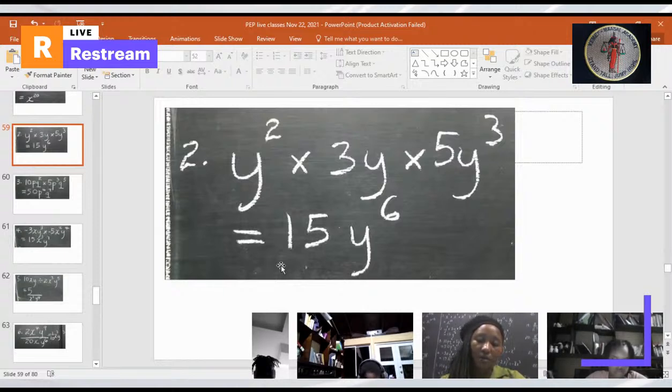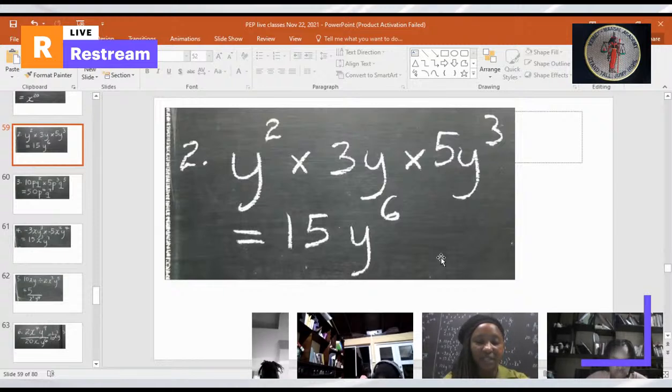All right, so we multiply the coefficients. The y squared has a coefficient of 1, the y has a coefficient of 3, and the y cubed has a coefficient of 5. So 1 times 3 times 5, that's how we get the 15.